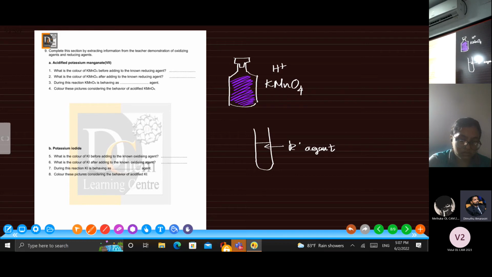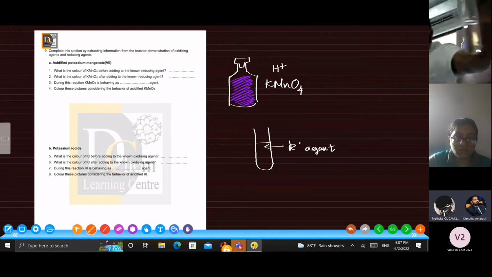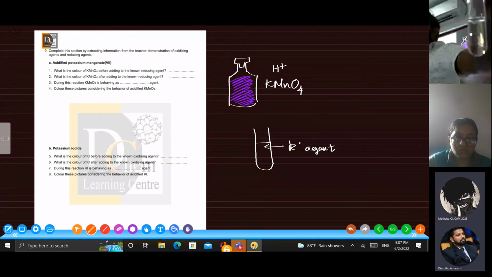Okay, so I'm going to put this solution. Online students, I'm really sorry if you can't see it properly, but I'll try my best. Now look, I'm adding the solution. What happened? The color changed, right? So you don't see the violet color.